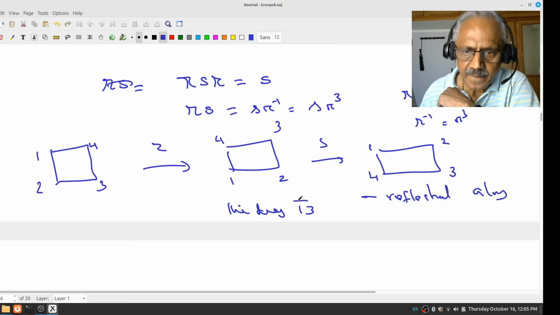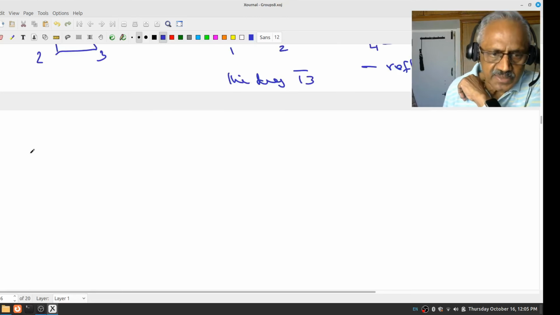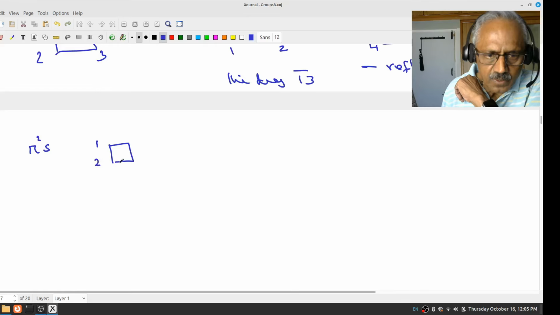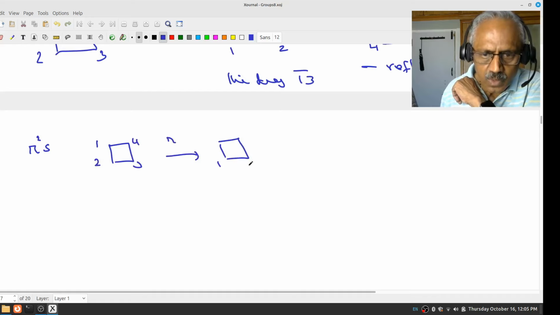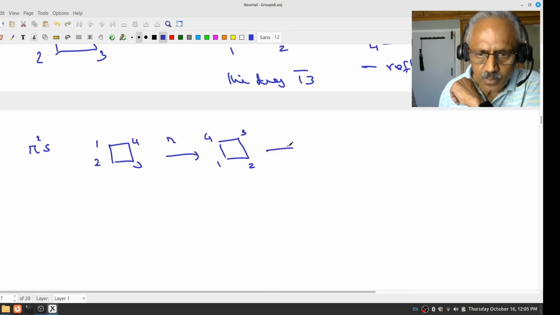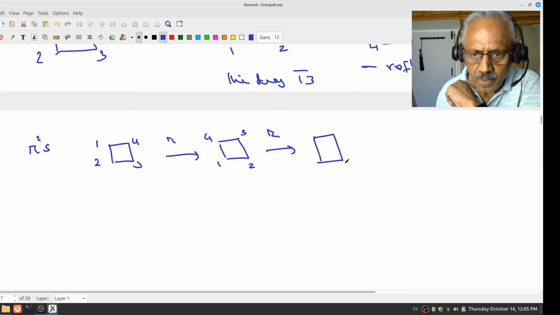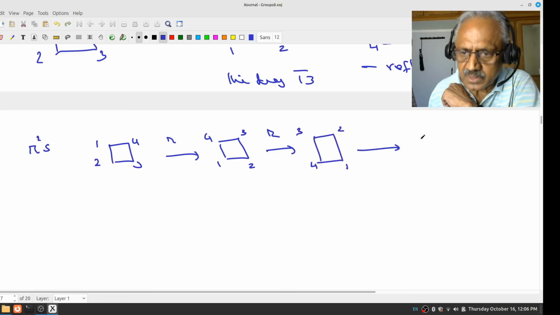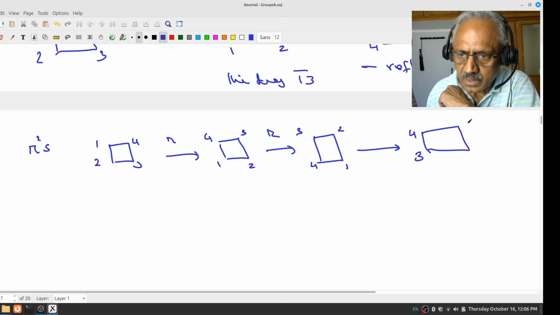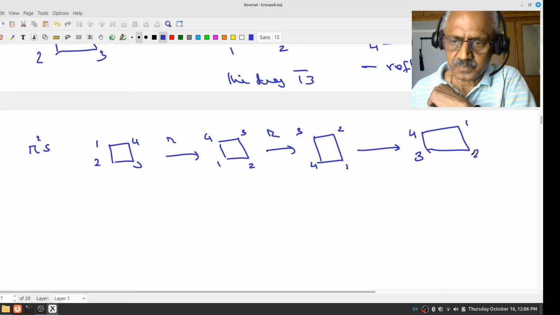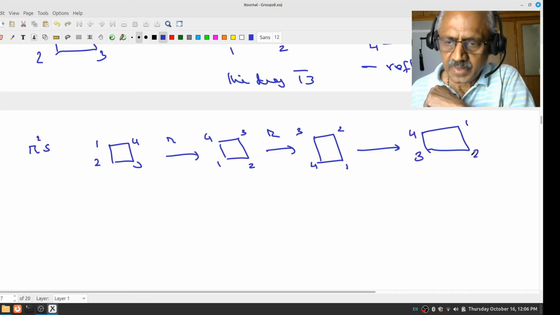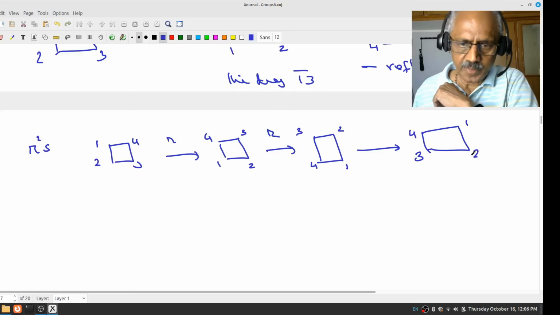Now let us look at what R squared is. R squared is 1, 2, 3, 4. Under R it's going to be 1, 2, 3, 4. One more R, it's going to be 1, 2, 3, 4. So I got R squared. Then S is going to be reflection along this. Therefore 4 comes here, 3 comes here, 1 goes there, 2 goes there. I hope I did it correctly.